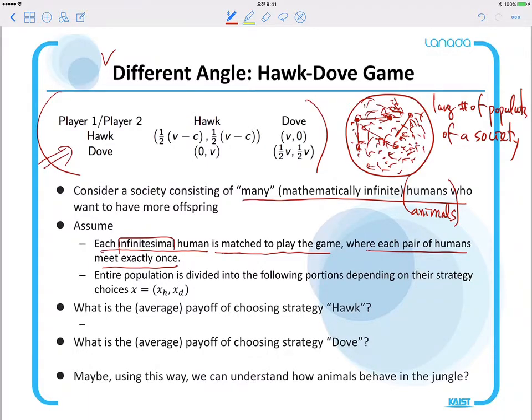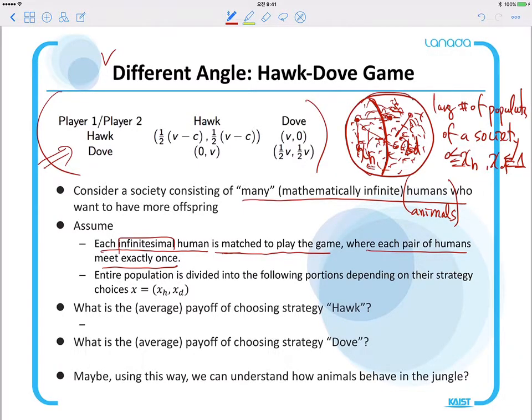Now let's divide this population, where some portion of the population, like xh portion, and this is an xd portion. If we normalize the entire population by 1, then we can easily assume that xd and xh are between 0 and 1.